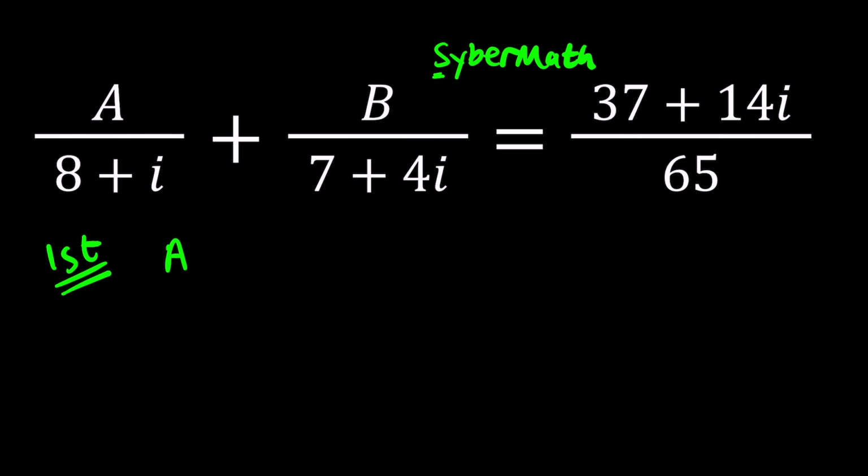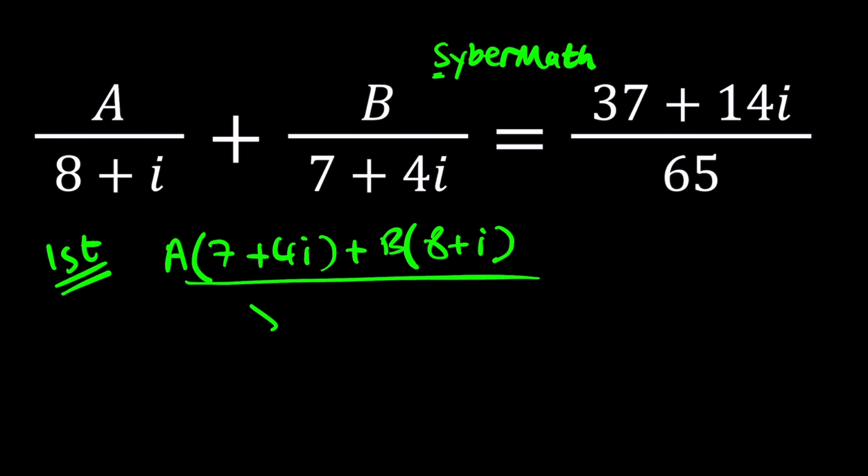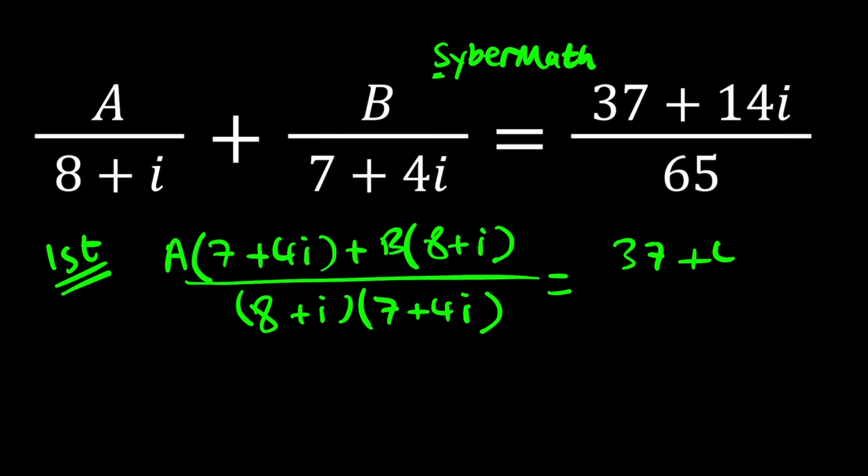That means we're going to multiply A by 7 plus 4i, and B by 8 plus i, and of course the denominator is just going to be the product of these two complex numbers, right? And on the right hand side, everything stays the same for now at least.